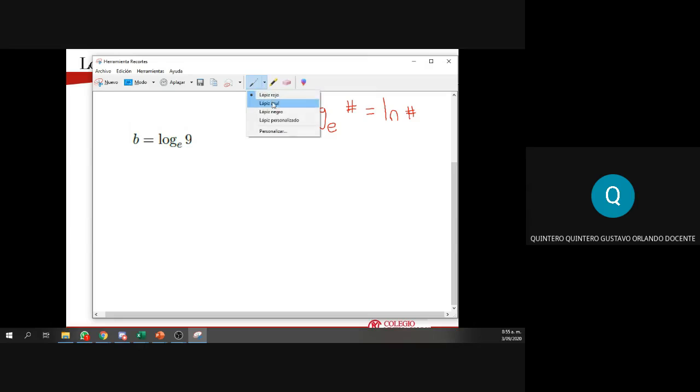Of course, we are applying the logarithm to the base e of a value. Now we have the natural logarithm of the same value. What is this ln?